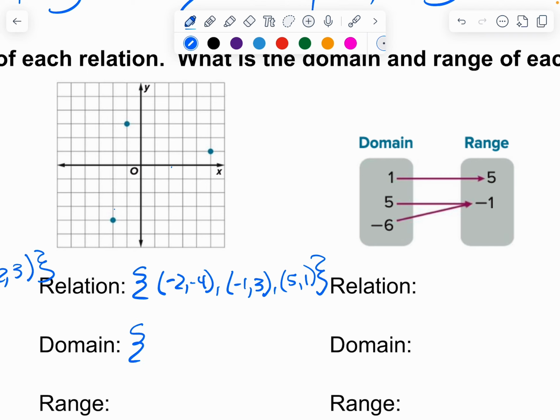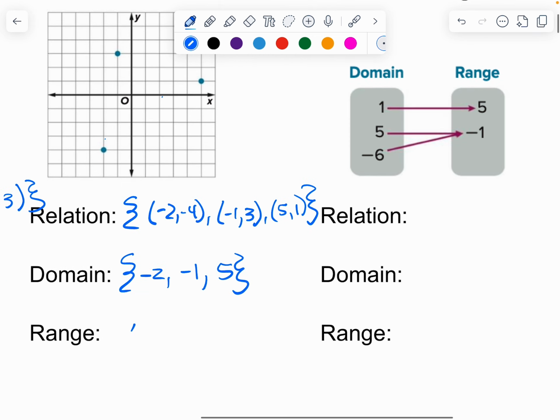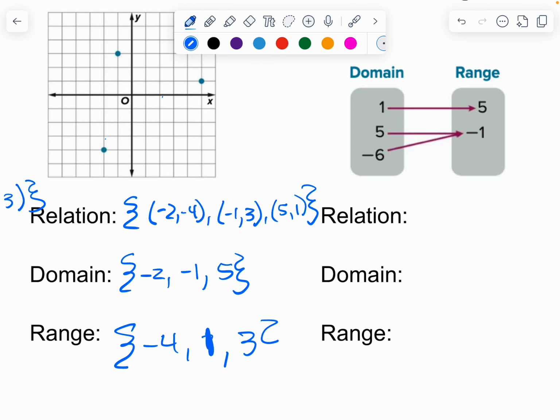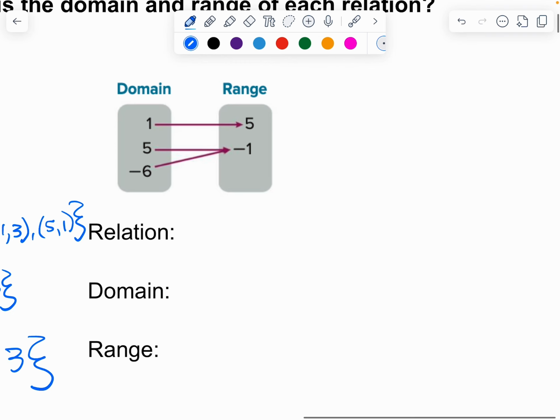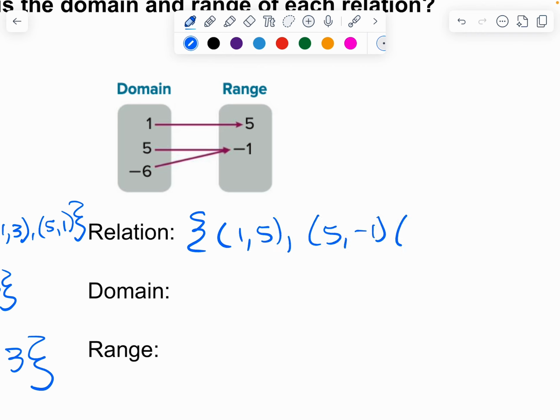My domain on this would be negative 2, negative 1, 5. And my range on this one would be negative 4, 3. The relation for this one would be 1, 5; 5, negative 1; negative 6, negative 1.